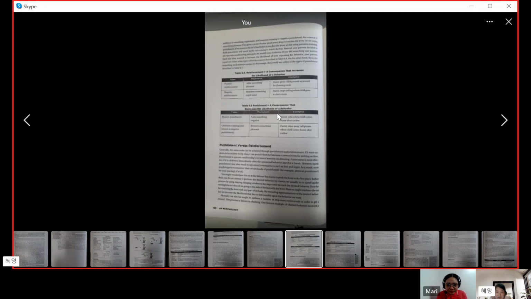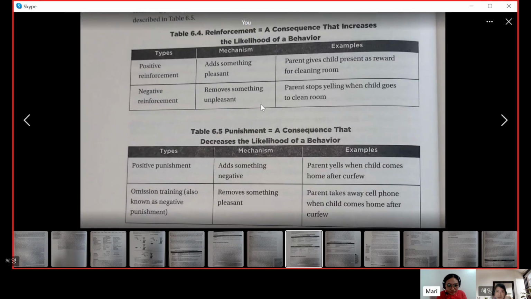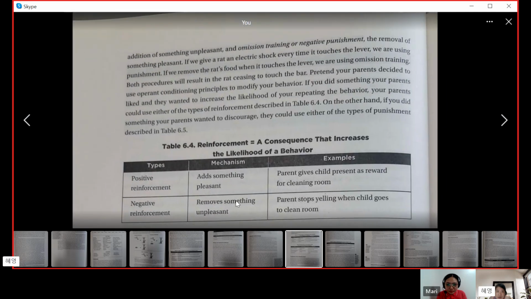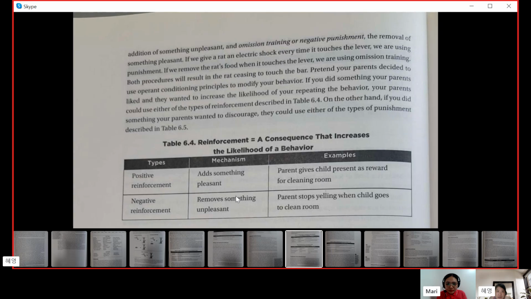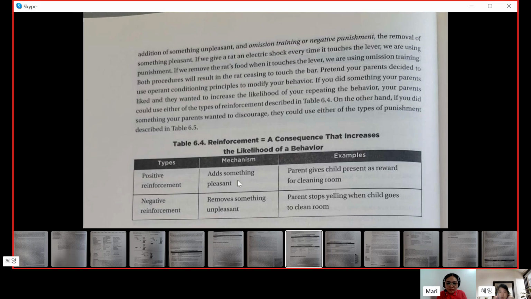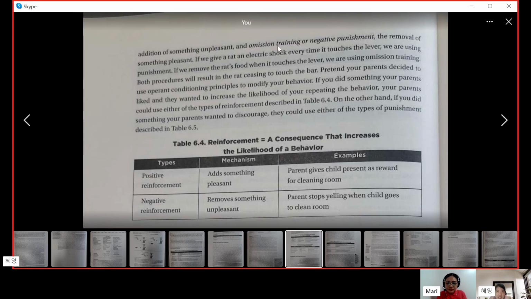Let's move to the next page. So, positive punishment is the addition of something unpleasant, and omission training, or negative punishment, is the removal of something pleasant.